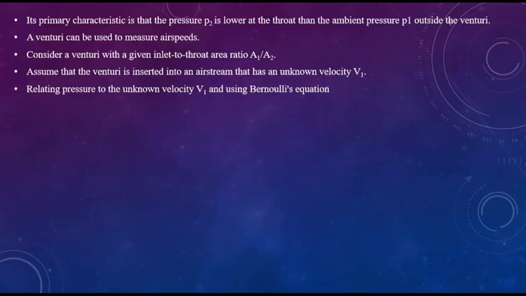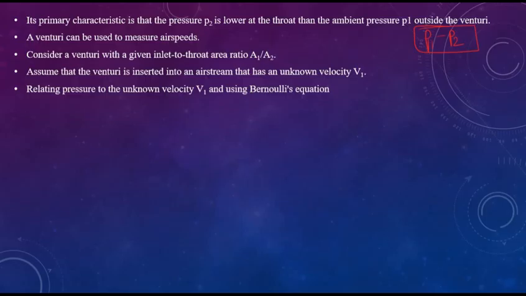Now this pressure difference, that is P1 minus P2, is used in many applications. What kind of applications? For example, you have the carburetor in automobile engines, right? So we use the venturi through which the incoming air is mixed with the fuel. The fuel line opens into the venturi at the throat.